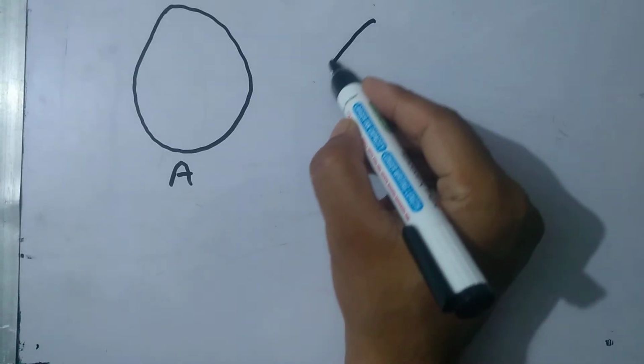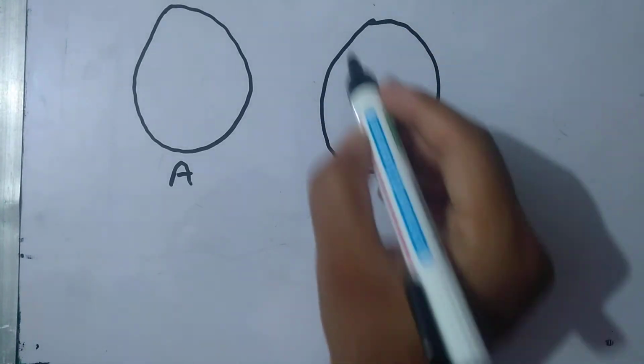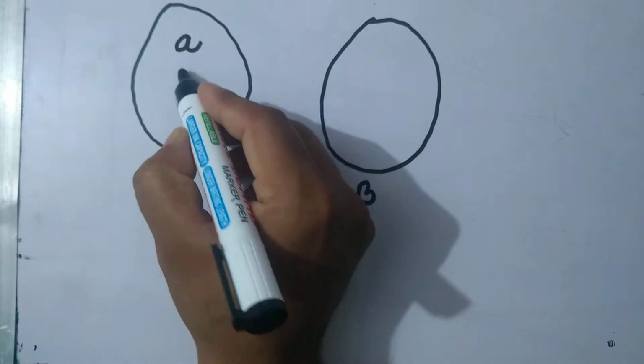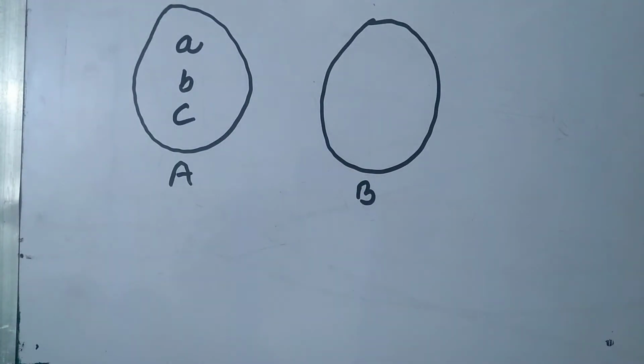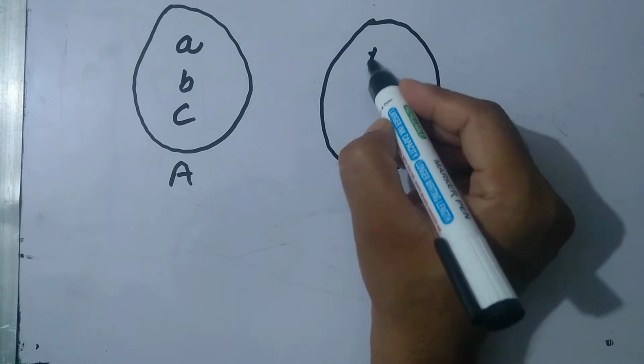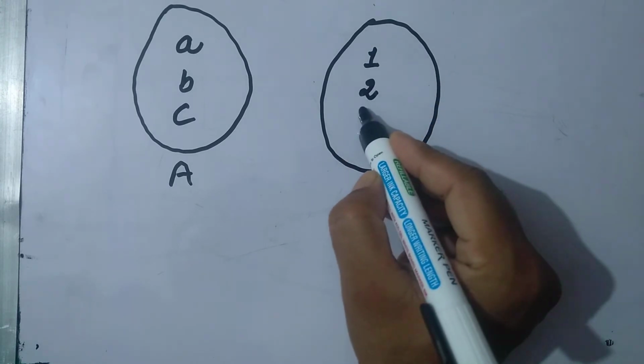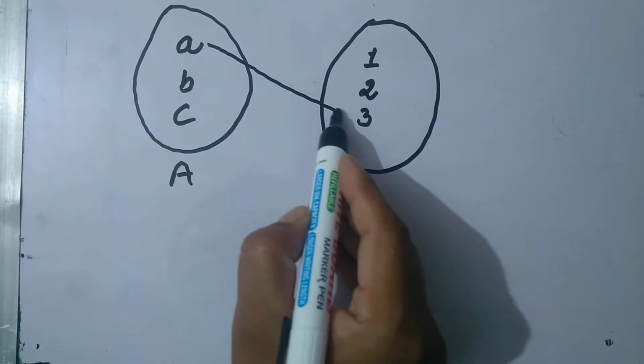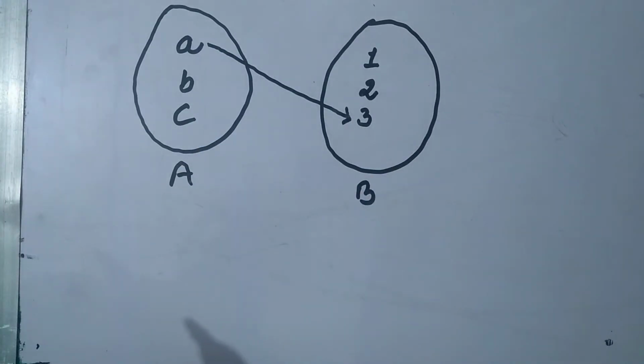Now we try to understand this with the help of the diagram. Suppose this is set A and this is set B. Set A has the elements A, B, C. Set B has the elements 1, 2, 3. So in this way, A has a unique image equal to 3.